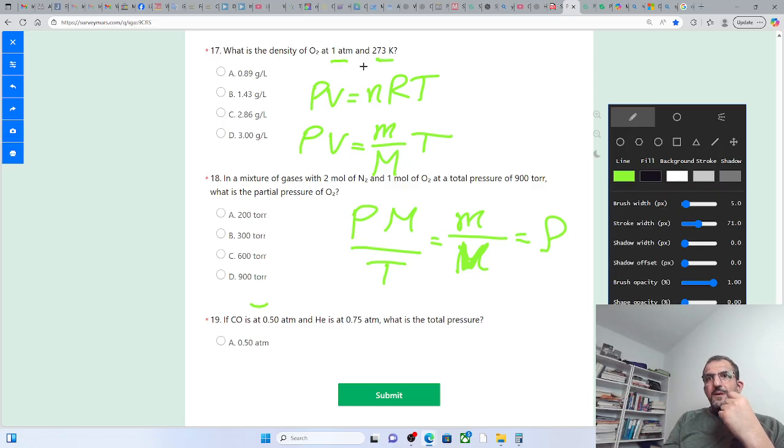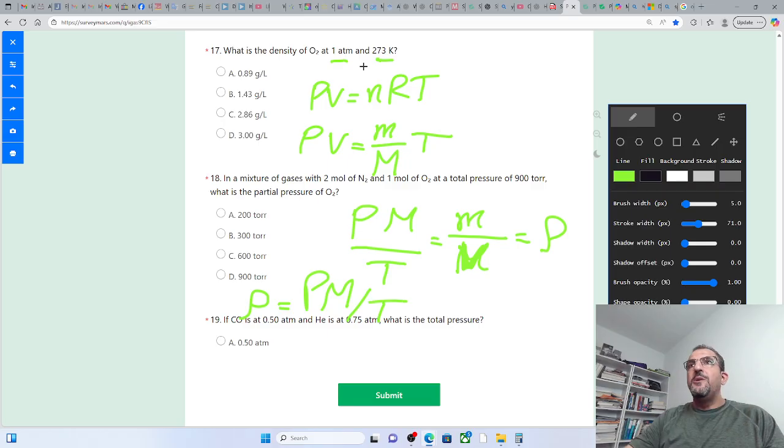So now you will see that the density is equal to pressure times molecular weight divided by temperature. So we know the molecular weight for oxygen. So the molecular weight of the oxygen is 32.